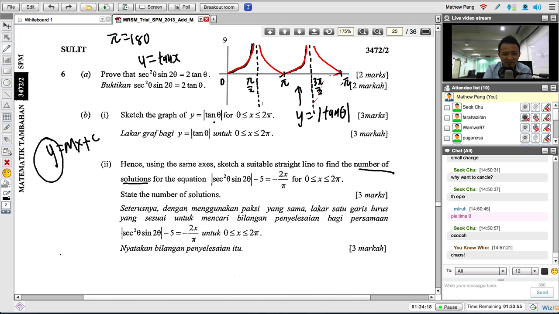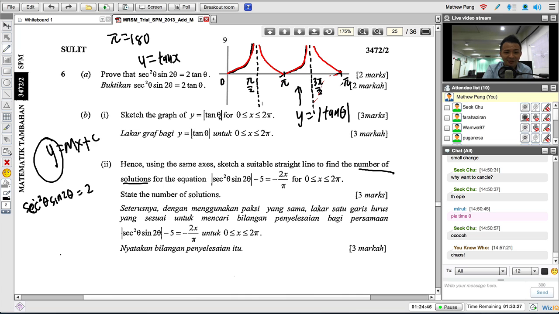Okay, so over here you see actually you do not see any tangent angle. But then we know something over here. So this is y, right? So y is tangent angle. So I'm going to substitute into this formula. You see what happened. This is secant squared angle sine 2 theta equals to 2.